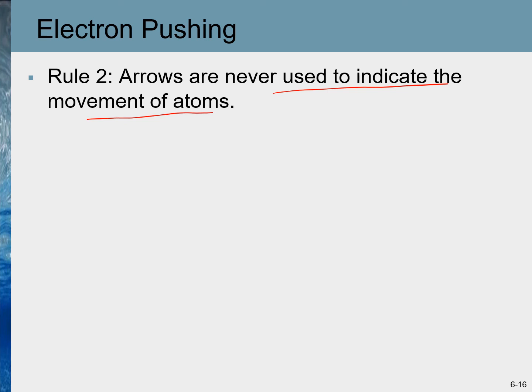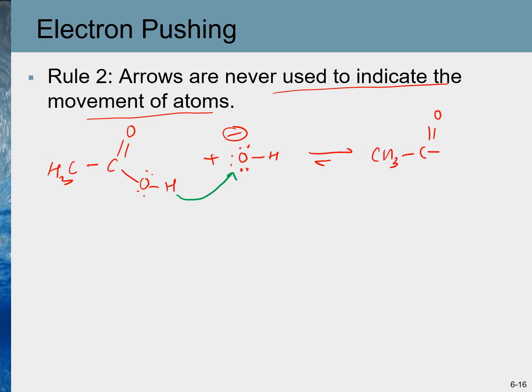For example, if we write the reaction mechanism step in which a carboxylic acid is transferring a proton to a base, and we write the mechanism such as this step, although it looks correct, hydrogen moved from the carboxylic acid to the oxygen of the OH group, it is wrong because arrows are never used to indicate the movement of atoms. So this step is incorrect.